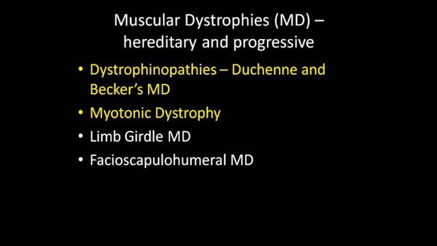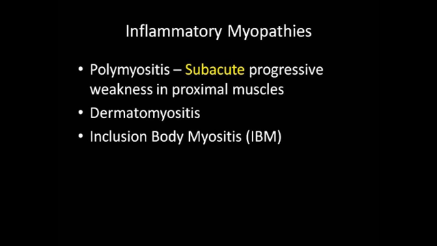In terms of a big category, muscular dystrophies are hereditary and generally progressive, not treatable, although there are some important interventions for these patients. The other category we're going to go through in this lecture will be inflammatory myopathies. We'll talk about three: polymyositis, dermatomyositis, and inclusion body myositis.